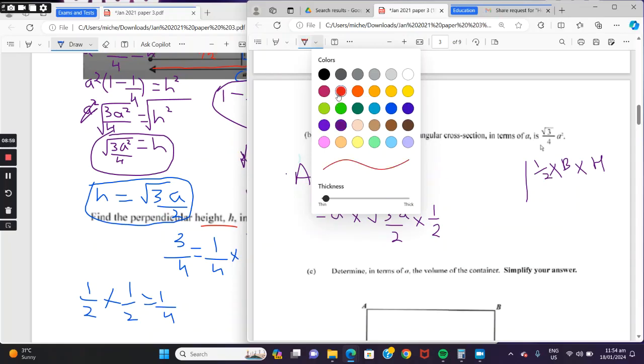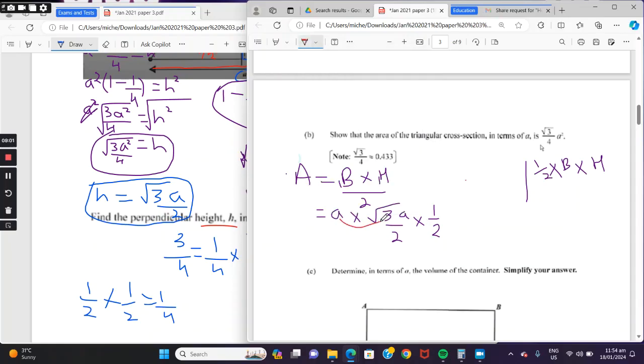Let me change the color. So I could say a by a, because remember this a is outside the root. A by a is a squared. I'll put the a squared here, and the root of 3. Let me put it on this side too, because I know some persons try to break this down, and you need to do quite a number of them. Hopefully they don't bring any difficult question like this.